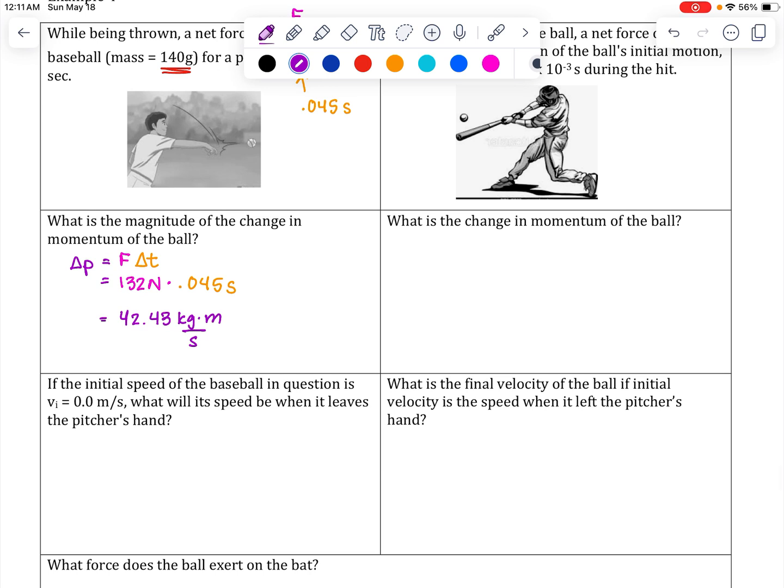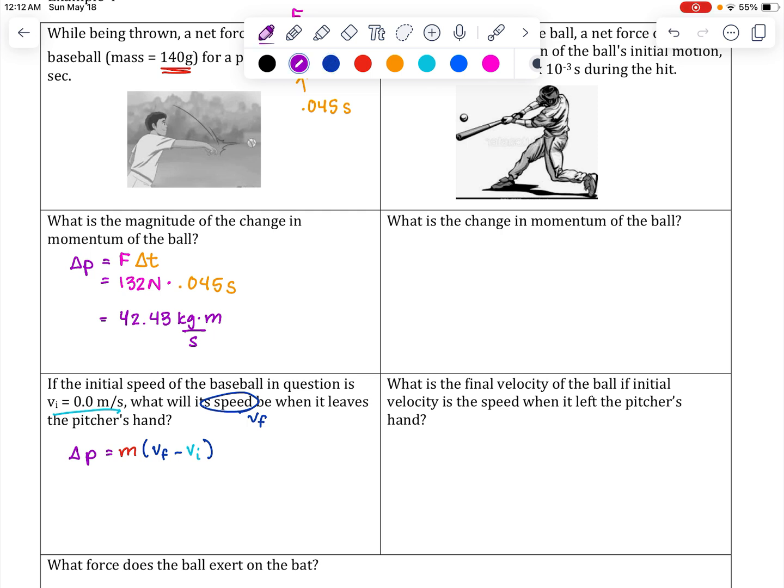If the initial speed of the baseball in question is 0.0, here's my initial velocity. What's its speed when it leaves the pitcher's hand? This is VF. So we have our delta P, and now we're solving for final velocity. Notice these are all the same equations. You just have to know those two, force times time and mass times change in velocity.